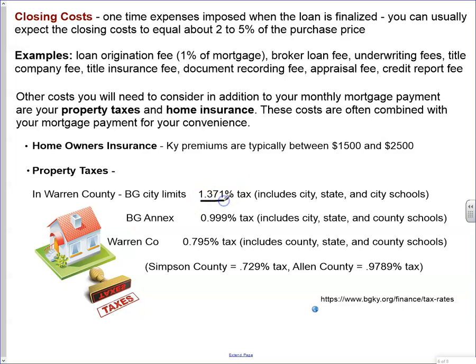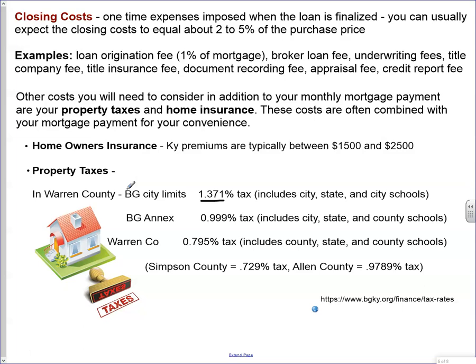Okay, so you pay 1.371% of your house assessment value, which means what your house is worth. So if your house is worth $200,000, then that tax is based off of that, even if you bought it for $100,000. It's going to be calculated based on what that house is worth at the time. All right.